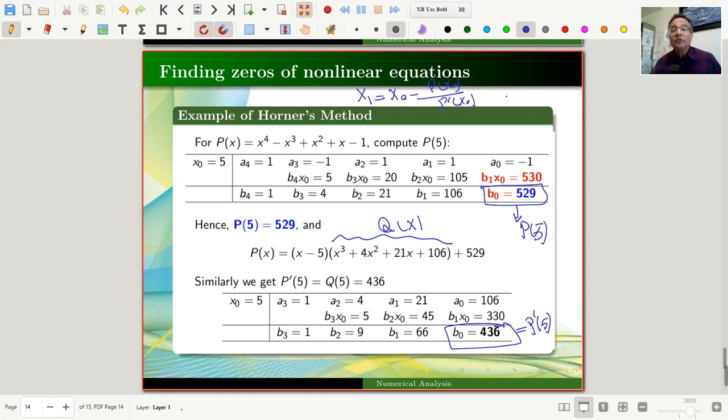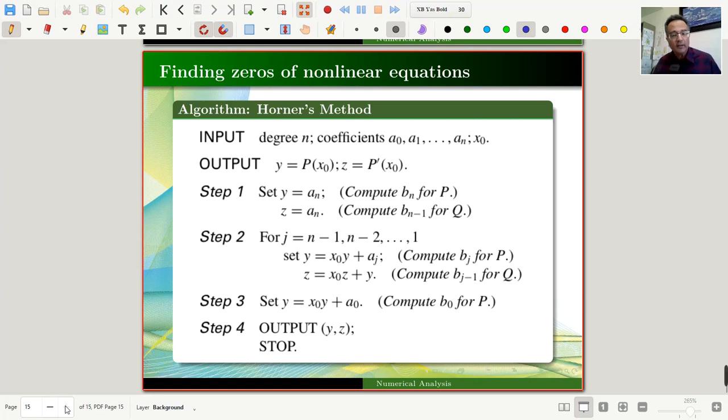Then you will need p of x1 and p prime of x1 for the next iteration. So you can repeat these two tables to find p of x1 and p prime of x1, and continue to find x2 by Newton method, and so on. So here you can find the root of the polynomial easily without any problem.